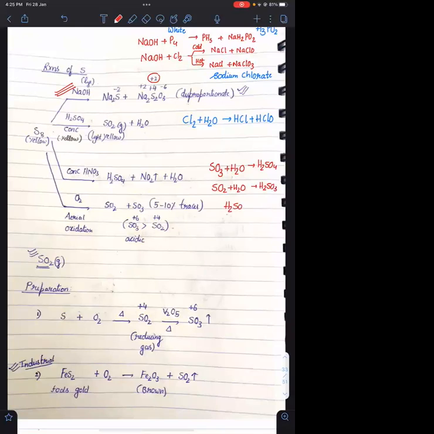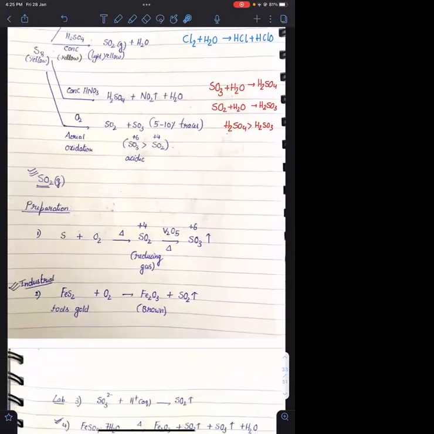H2SO4 is a stronger acid when compared to H2SO3, hence SO3 will be more acidic when compared to SO2. Or else, whenever you are comparing the acidic strength, as the positive oxidation state increases, the higher the positive oxidation state, the more acidic it becomes. Is that clear?